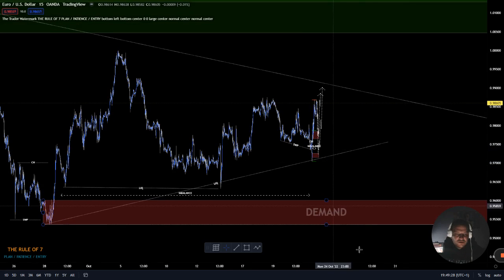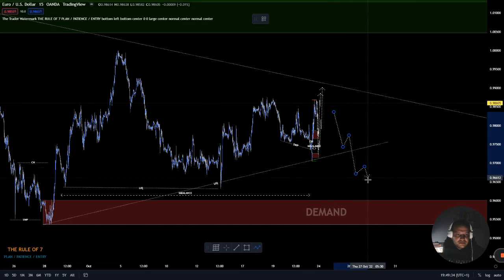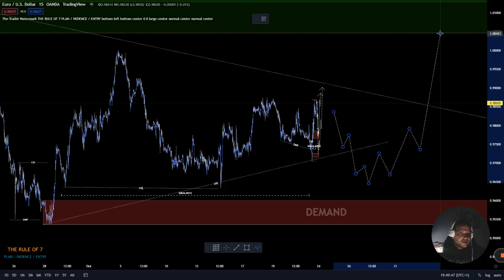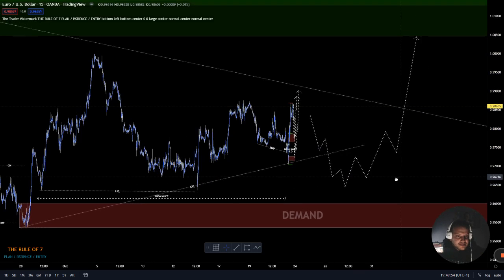But yeah, what you might find is we might come down from this level thereabouts. We might take the trend line liquidity out, and then we might not even hit the demand, as long as we've tapped into the imbalance, and then we start making a choch, and then higher highs, higher lows. That might be it. It might not come down to this very extreme for days, weeks, months. You know, it might not tap into that for ages.